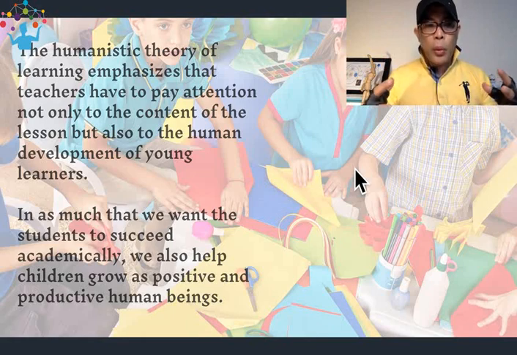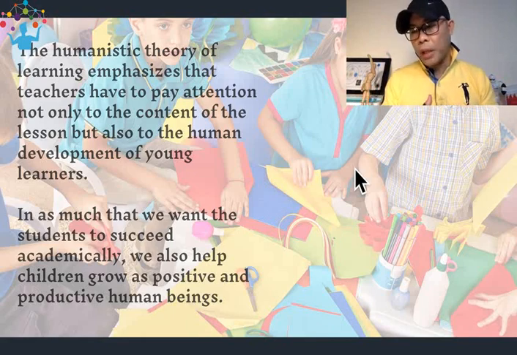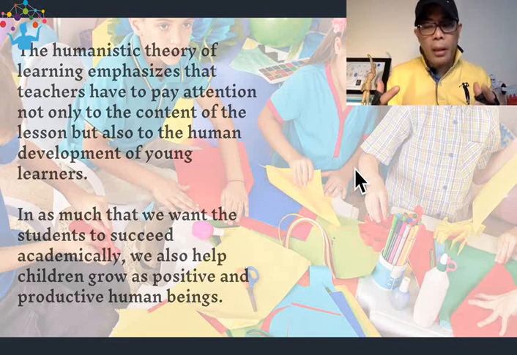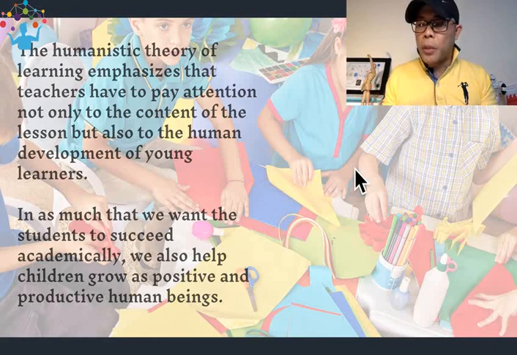And inasmuch as we want the children to succeed academically, we also help children to grow as positive and productive human beings. I've always been repeating that learning should lead toward children becoming positive and productive adults in the future.